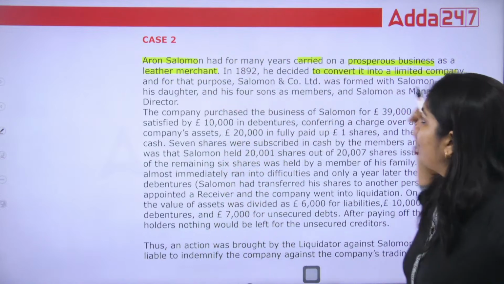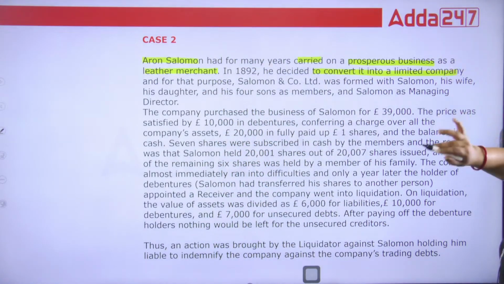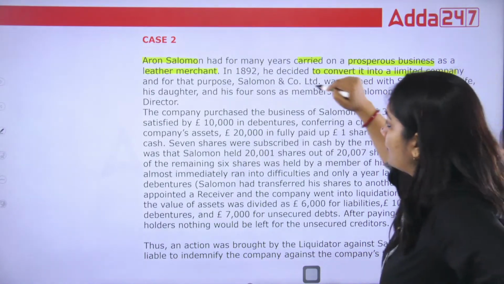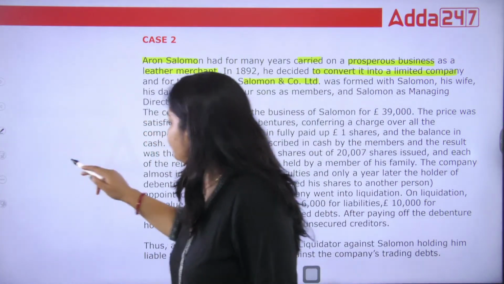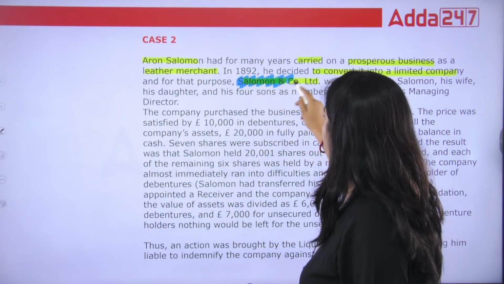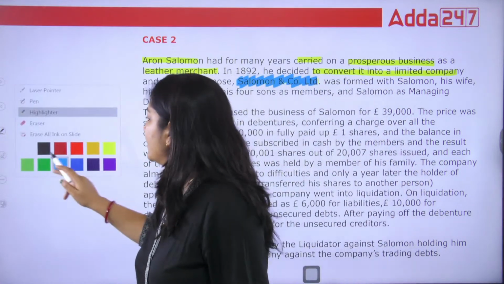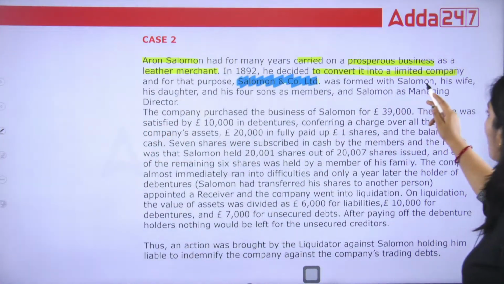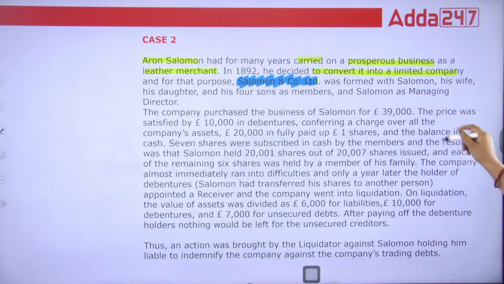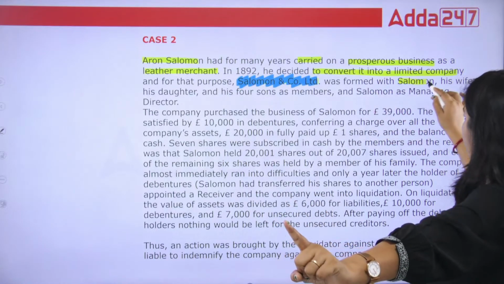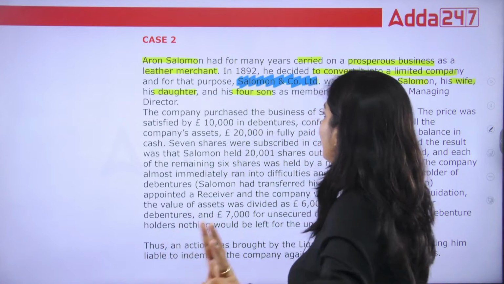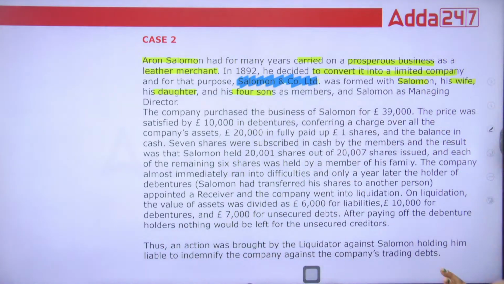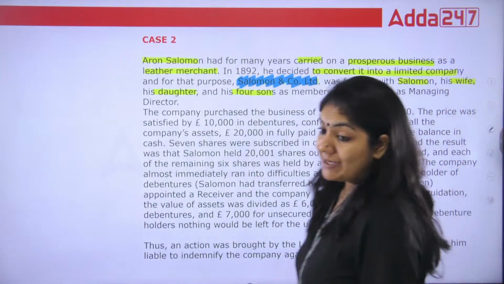So this person decided to convert the business into a limited company, and for that purpose Solomon and Company Limited, this is the company name, was formed with Solomon, his wife second, daughter third, and the fourth son. It means 4, 5, 6, 7, 7 persons are there in the limited company, and Solomon was the managing director.